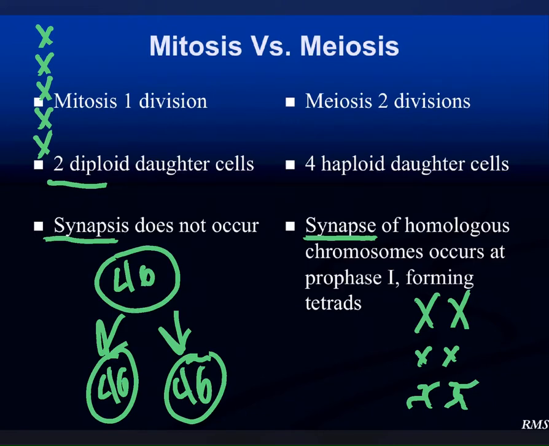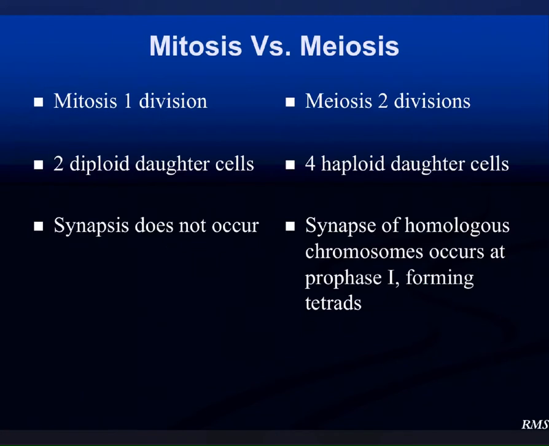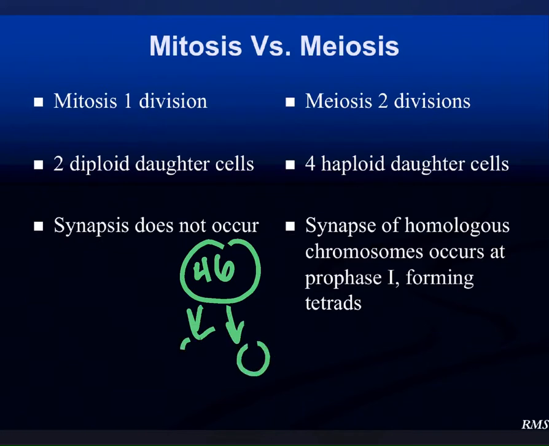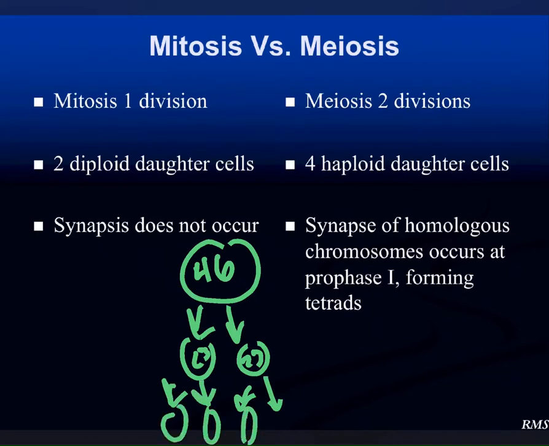So synapsis is a junction. What they do is they join by finding their homologous partner. So that's what I mean by synapsis. That does not occur in mitosis, but it does occur in meiosis. And then, of course, meiosis has 2 divisions, and you saw those 2 divisions where you went from 1 46 to 2 23s to 4 23s at the end.